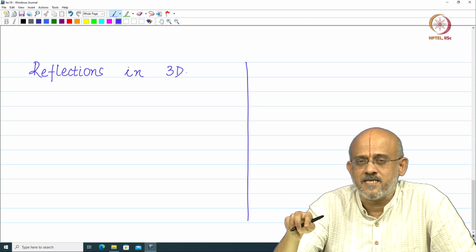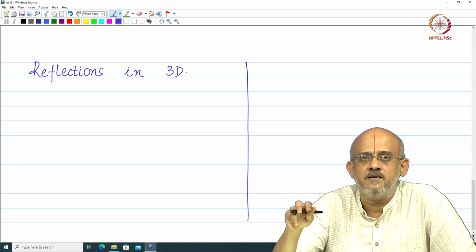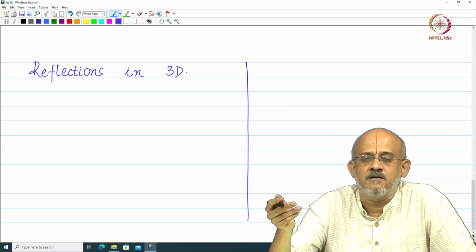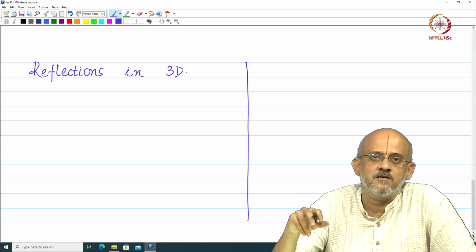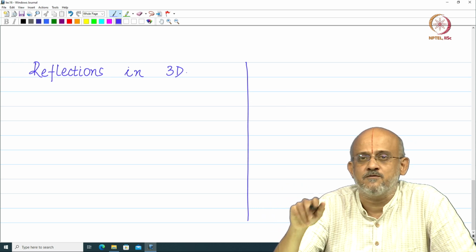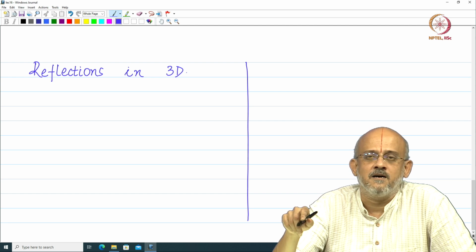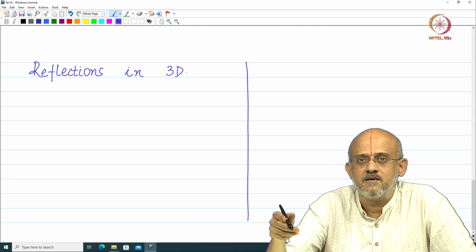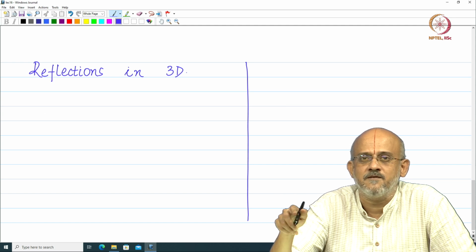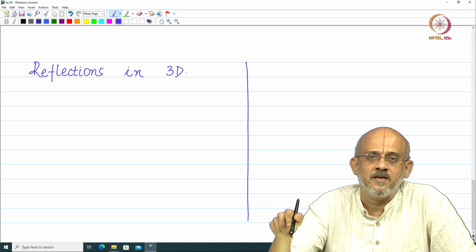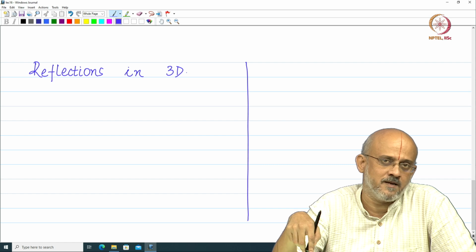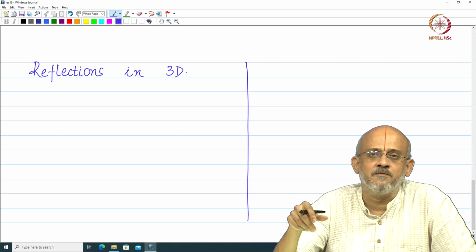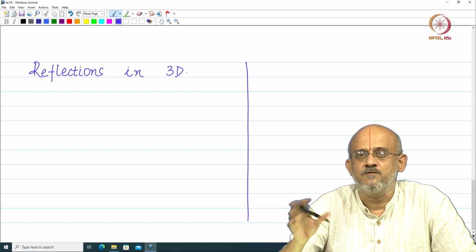Whereas in reflections in 3D, it could be a reflection about a line passing through the origin, or a reflection about a plane passing through the origin. So the one more thing that comes into the picture compared to 2 dimensions is the reflection about a plane, right. We will look at both of them now. We will also try to get some good insights about reflections in both 2D and 3D.